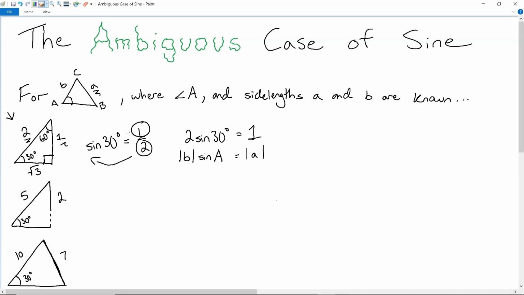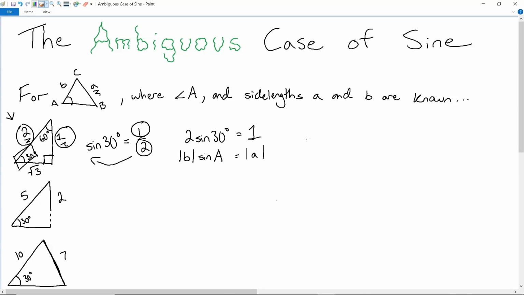And all this means is this side length right here equals the hypotenuse multiplied by sine 30. And I'm just getting that from the basic sine ratio.